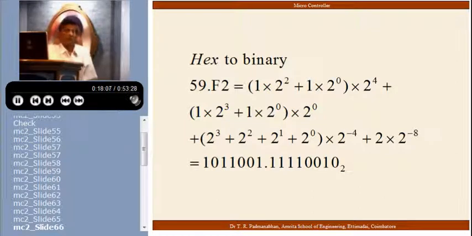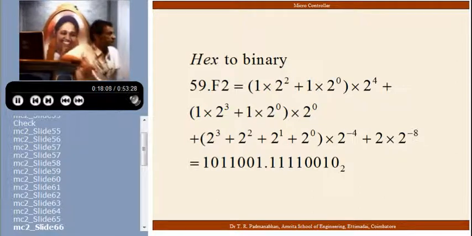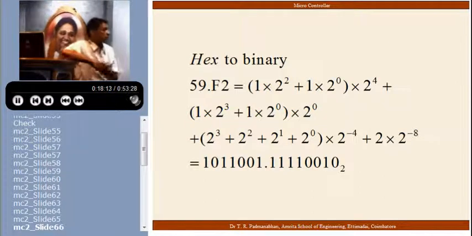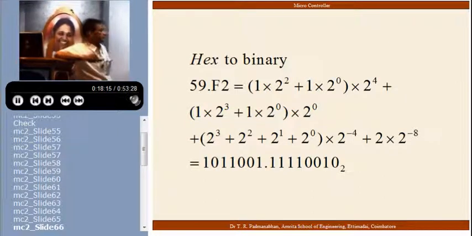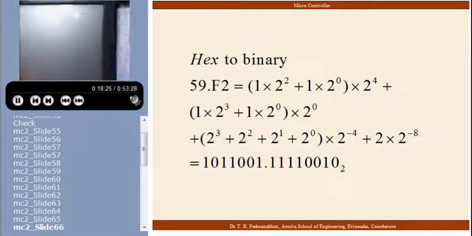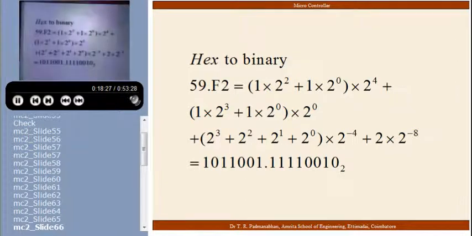Hex to binary. Here I said spend some time. As far as hex to decimal and reverse conversions, if I take hex to binary, it is completely simple. If I take this number 59.F2, I will take each of the hex digits. For example, this hex digit 5 is actually 5 into 2 raised to 4.